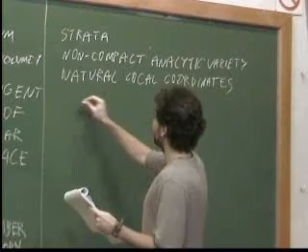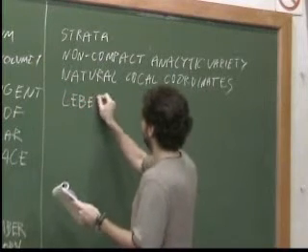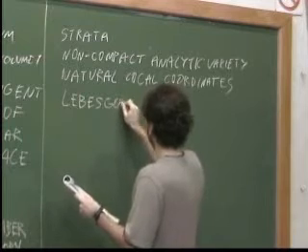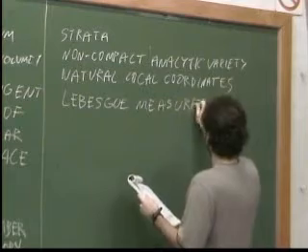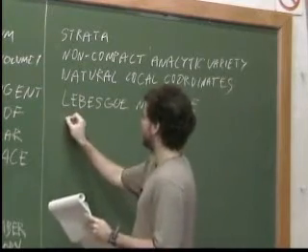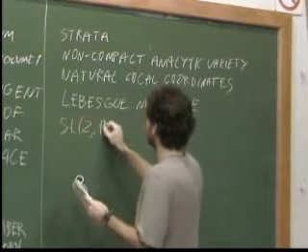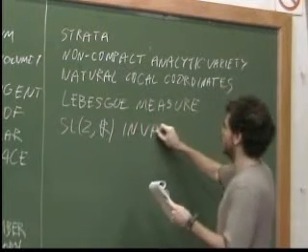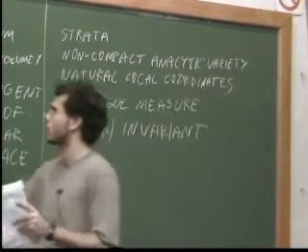These natural local coordinates give a Lebesgue measure. Not just a Lebesgue measure class, but actually a specific measure, which turns out to be, since everything is naturally defined, SL2R invariant. So you get all this extra structure.